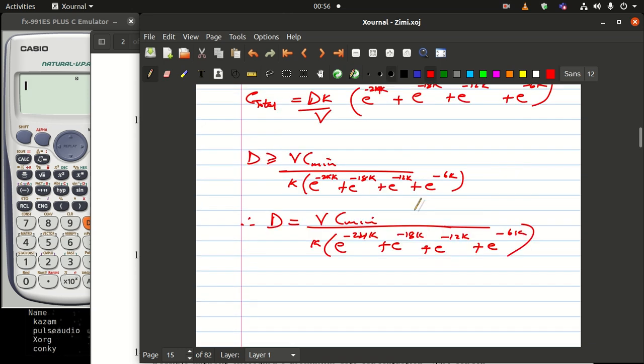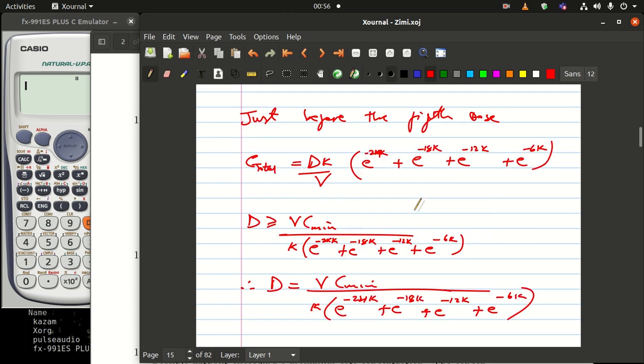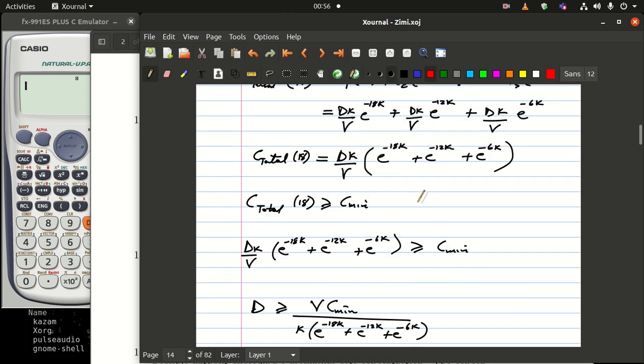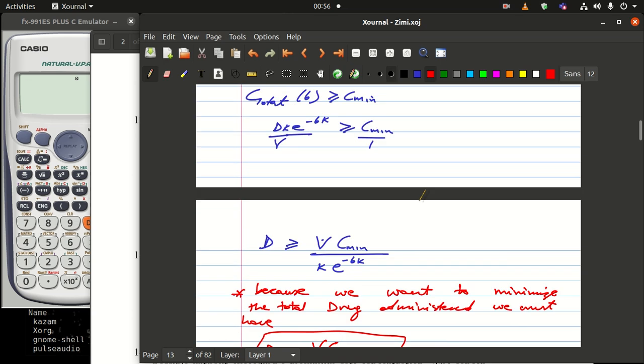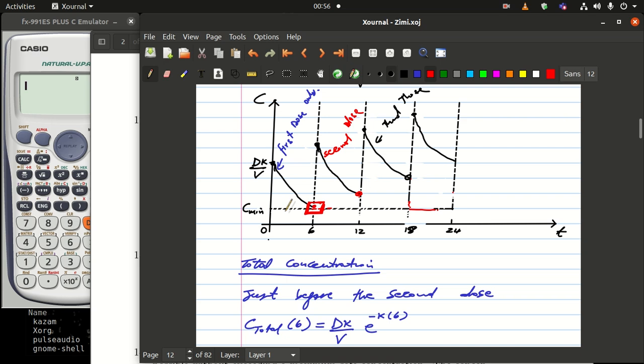We want to make sure that at each point in time, the concentration is bigger than this point over here.